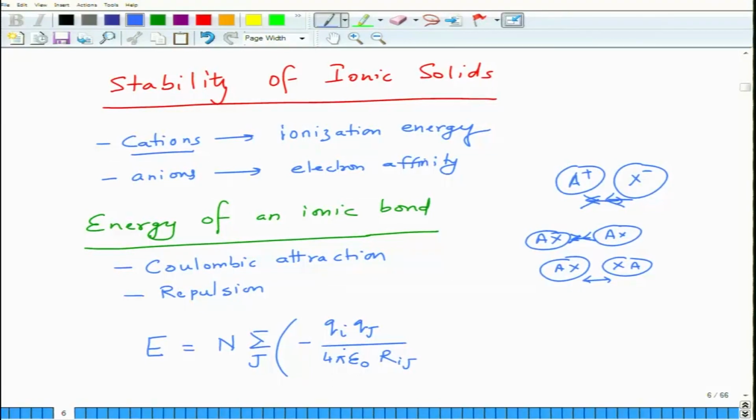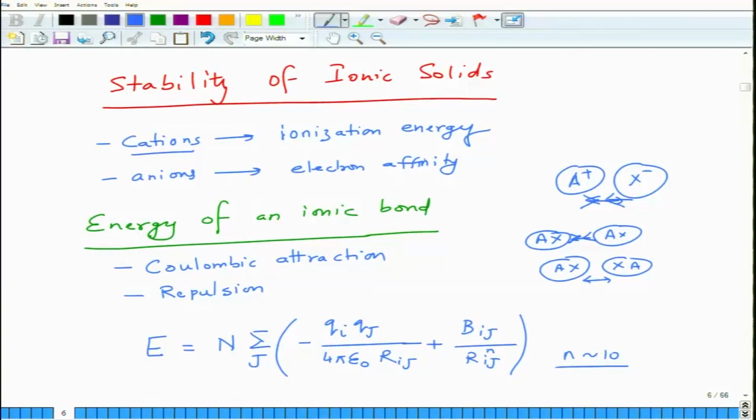So i is the reference atom or reference ion, and then you have these two terms: one is the attraction term, the second is the repulsion term, Bij divided by Rij to the power n, where B is a constant and n takes a value of about 10 in this case. So for every jth neighbor, you have to sum this energy and multiply by N, the number of molecules in the system.